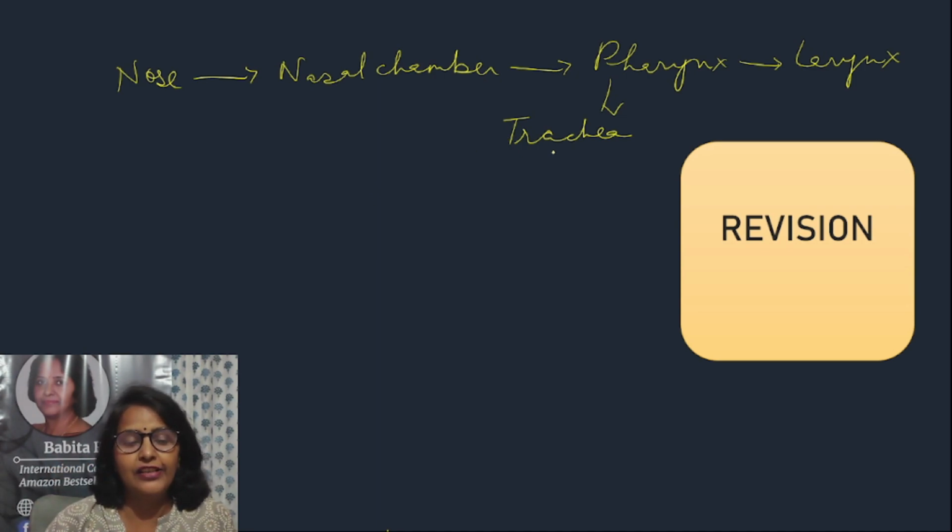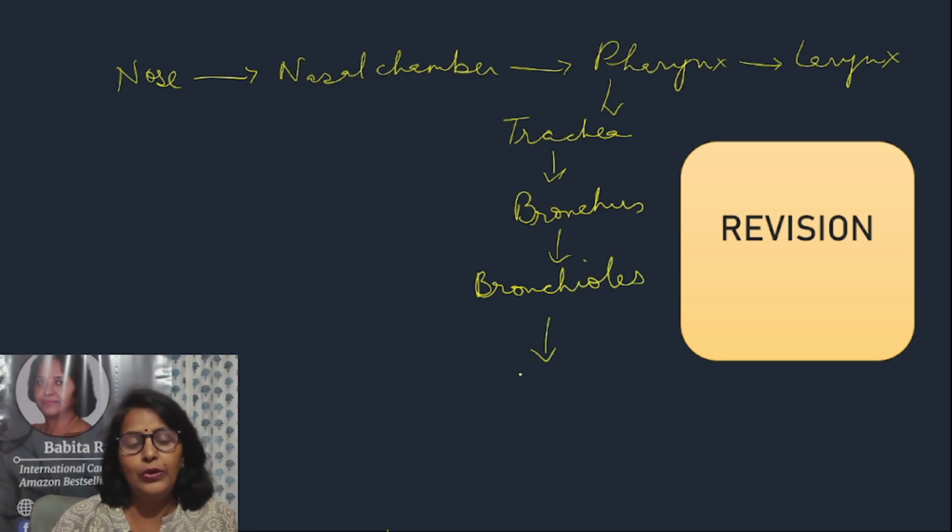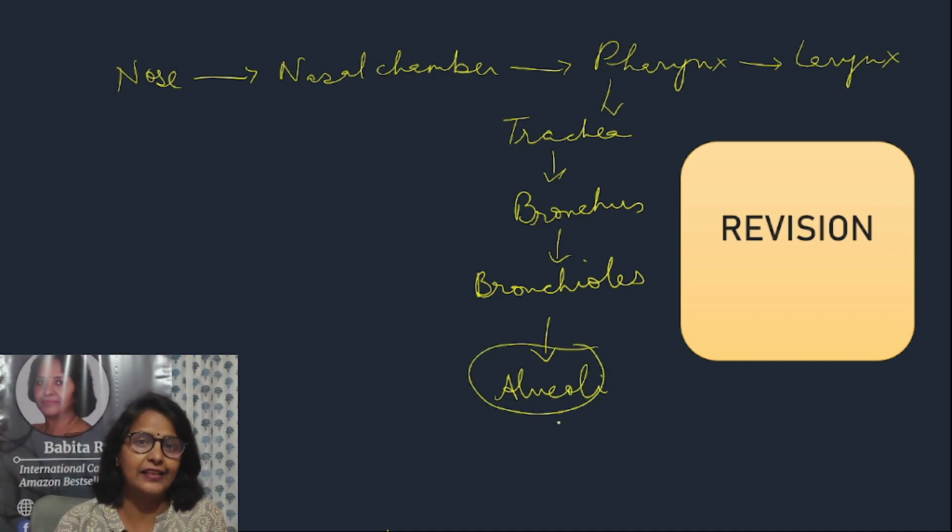Trachea now divides into two parts, and that goes into each lung, and that is known as bronchus. Bronchus further forms fine branches which are known as bronchioles, and bronchioles end up in round balloon-like structures known as alveoli, and this is the place where exchange of gases takes place.